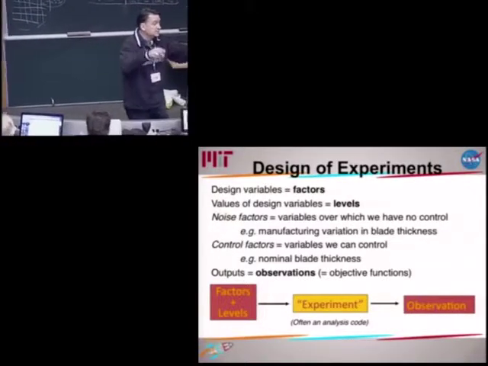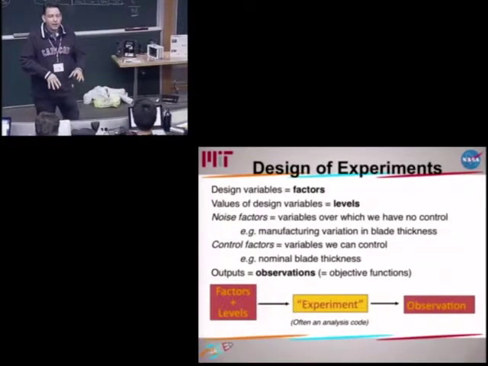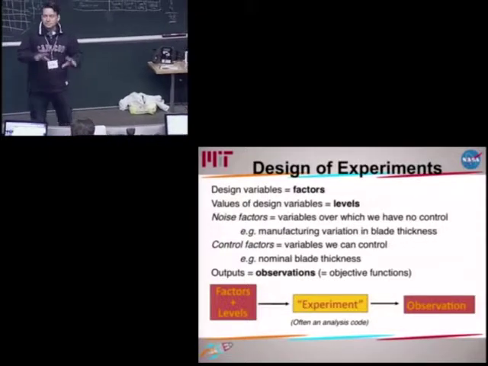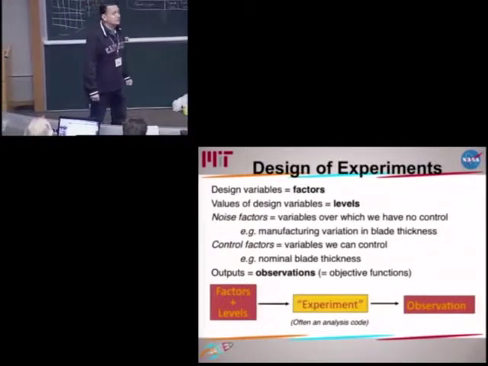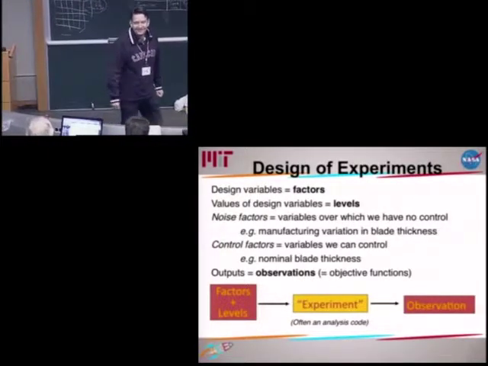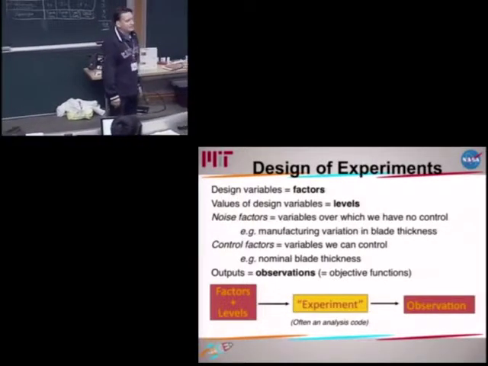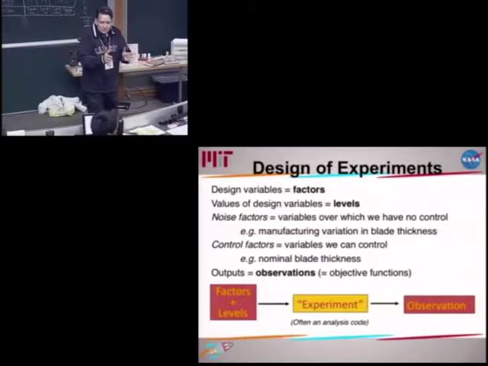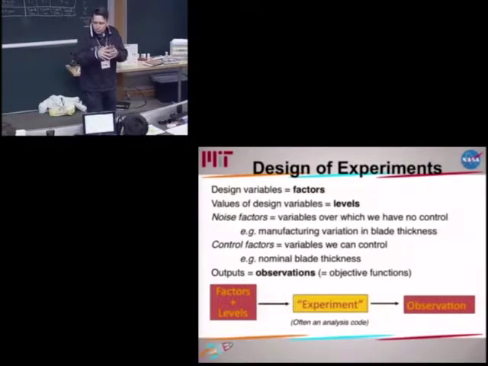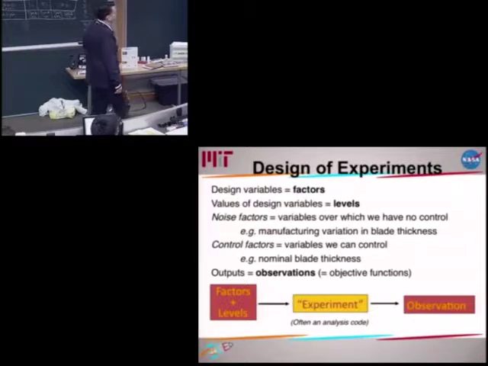Pestilence, bugs, fungi, things like that, right? Theft. Rabbits, exactly. So, for example, in manufacturing, you're going to have variations. The machine is going to vibrate. The tools are going to wear and tear. Those are noise factors. Control factors are the design variables, the factors that we control.